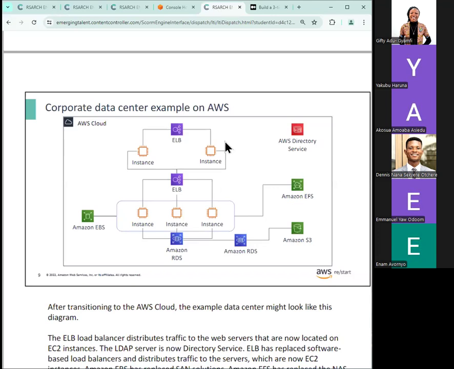So let's go back to our example. If we had to bring a VPC around it, it would be here because these resources are within the VPC.